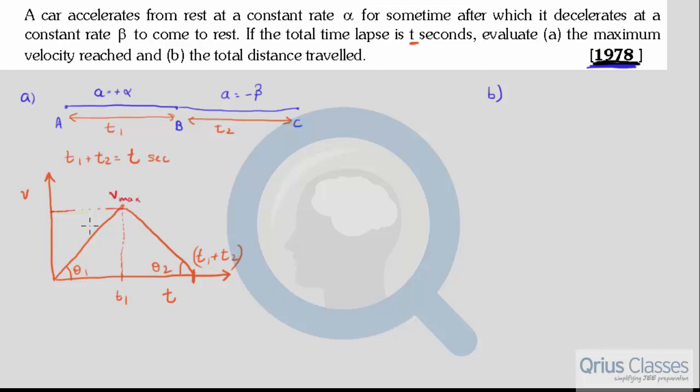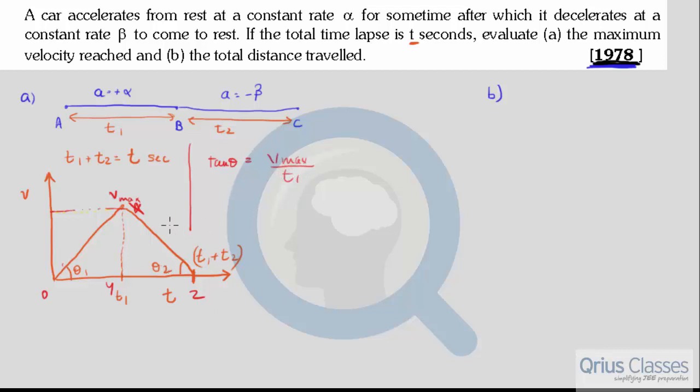From the curve it is quite clear that tangent theta 1 in triangle OXY is Vmax divided by t1.